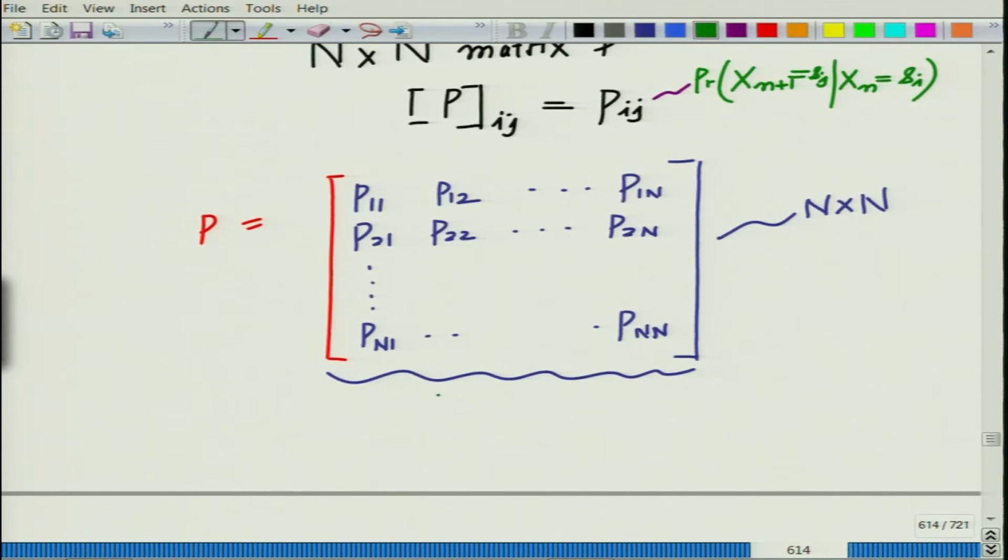This is termed the transition probability matrix, which essentially fully characterizes your discrete time Markov chain. That is important.